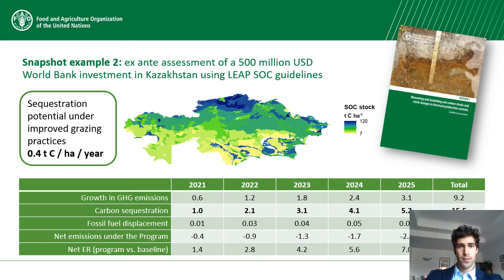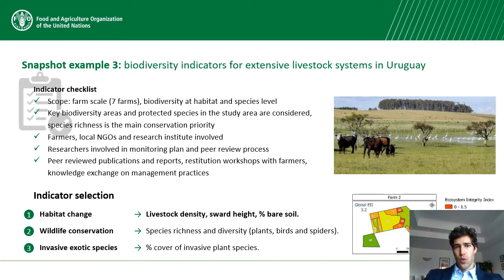The last example is on those biodiversity indicators, and it's an example in extensive livestock system in Uruguay. You see here some of the elements of the checklist. The scope was at farm level with the involvement of farmers, local NGOs, and research institutes to select indicators and define conservation priorities.